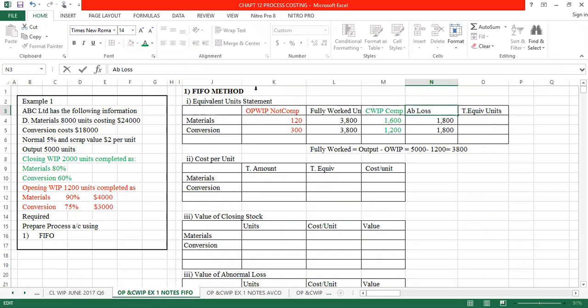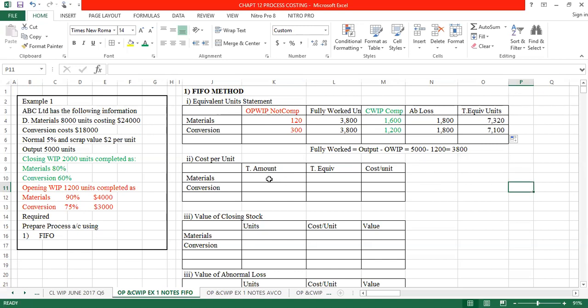Abnormal what? Loss. So what is the total equivalent units? Opening plus fully worked plus closing work in progress plus abnormal loss. So it gives you 7,300. This one gives you 7,100.